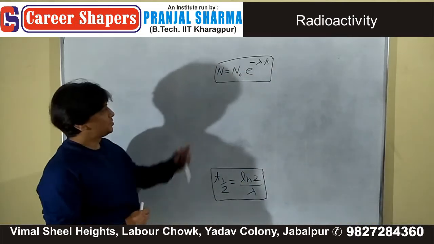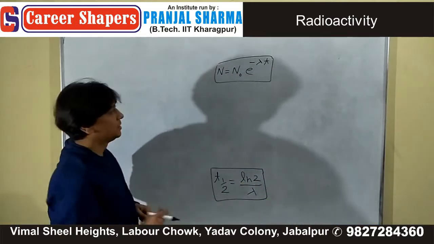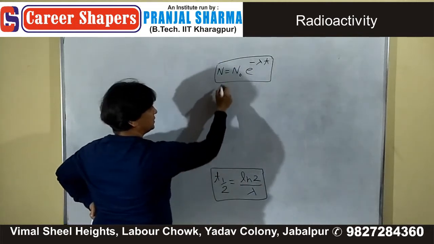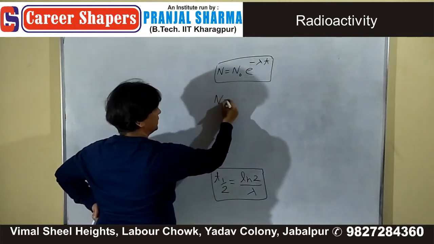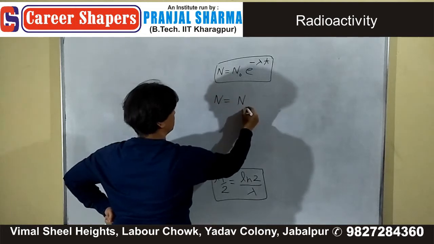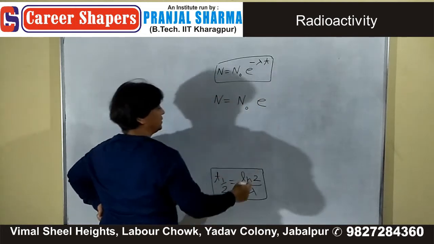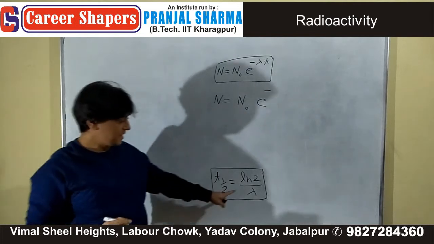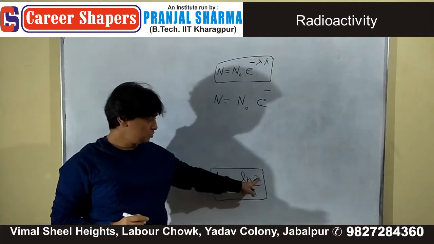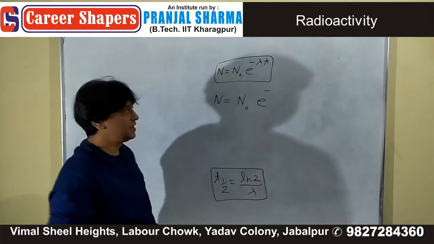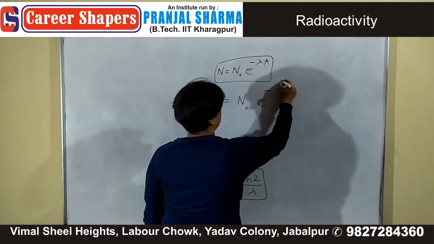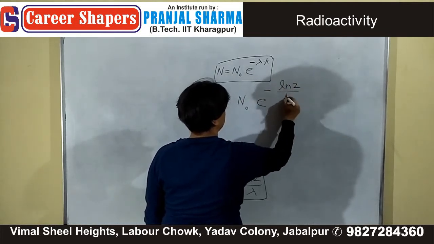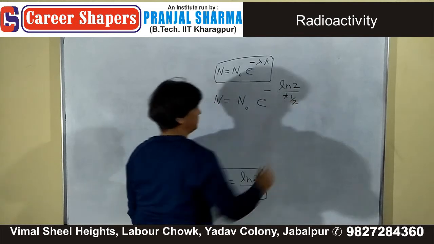Now we can also represent N in slightly different form. Look at that. This N is N naught e to the power minus lambda t. What is lambda? Lambda is log 2 divided by T half.